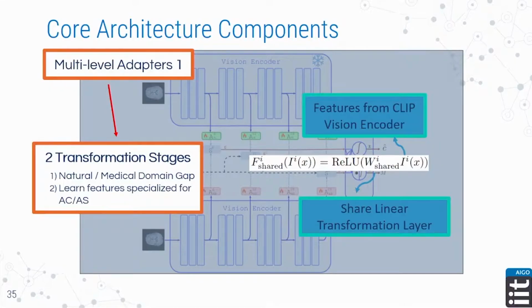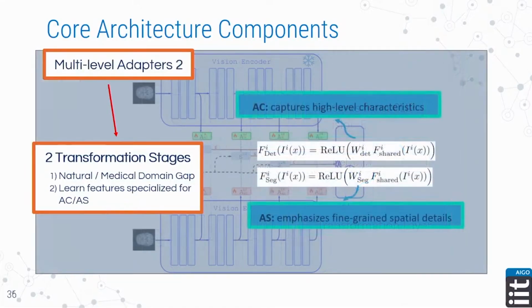I is the output of the ViT, of the vision encoder. And the second layer is divided in two heads. One is W_DET and the other one is segmentation, which take as input the shared layer, and give the output to these other two values.